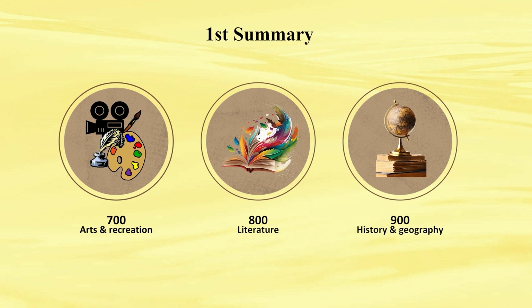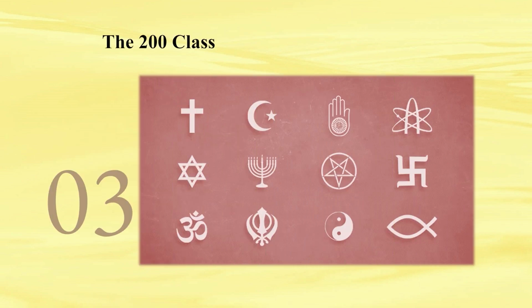So let's concentrate on the particular class of today's discussion, that is 200 religion. Actually, religion is a personal set or institutionalized system of religious attitude, belief and practice.